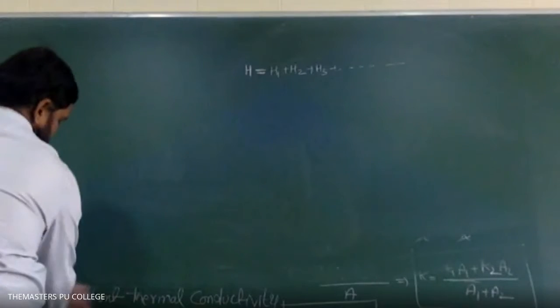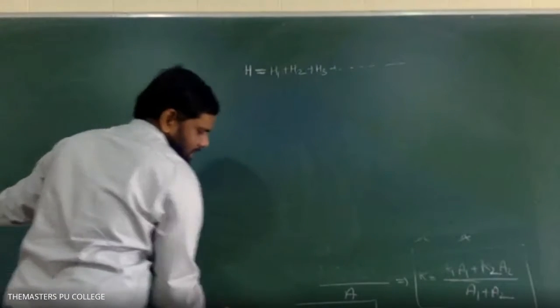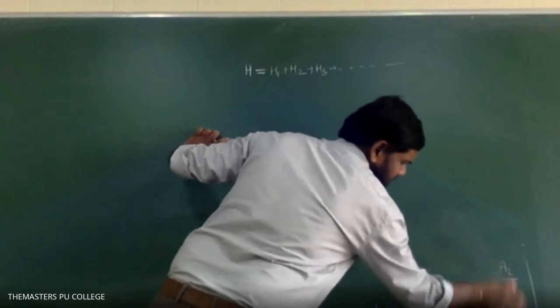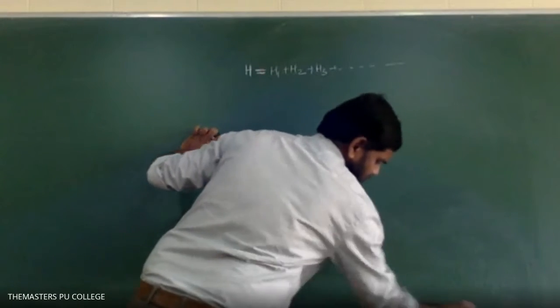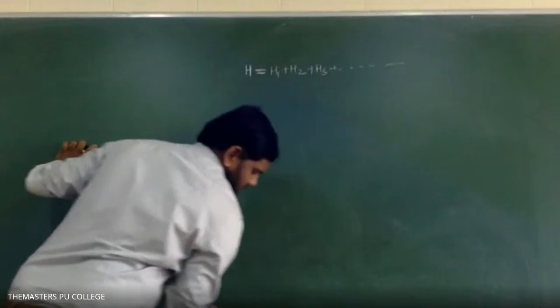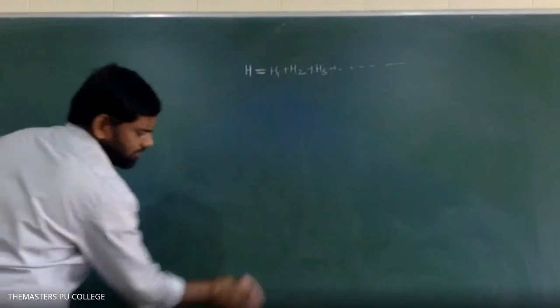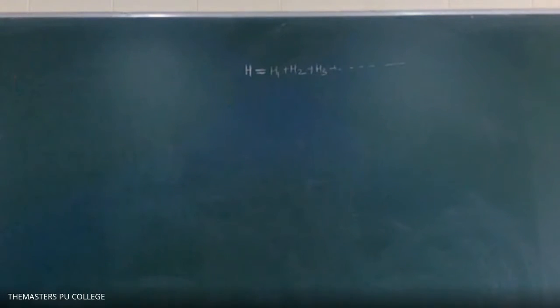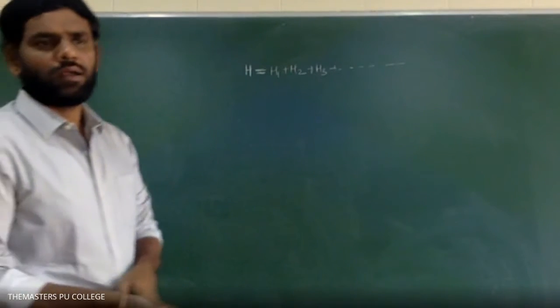Okay, so this is about the conductors in series and conductors in parallel. Now we are going to derive an important relation, especially from the mains and advanced level point of view: the growth of ice layer on a lake.